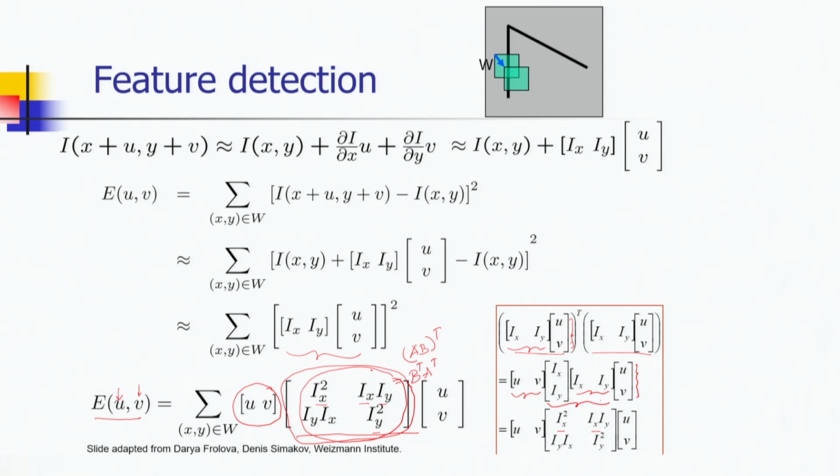If I perform the eigen analysis, the eigenvectors provide me the directions of minimum change and maximum change, and the eigenvalues provide me the amount of change. So, the minimum eigenvalue would give me this particular quantity, that is the minimum change.